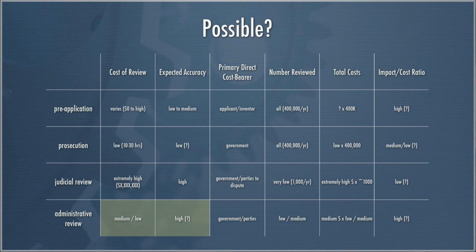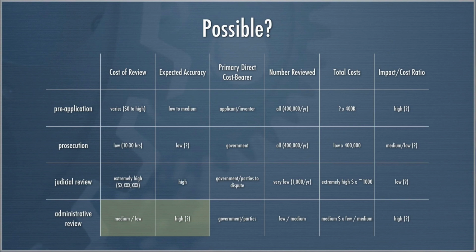The second, reexam, is a process whereby it's ex parte, right? There's no participation or only very minimal participation by a requester. And then there's inter partes, post-grant review and inter partes reexam, which allows pretty much full adversarial type proceedings, almost a mini trial on validity in front of this patent trial and appeal board.